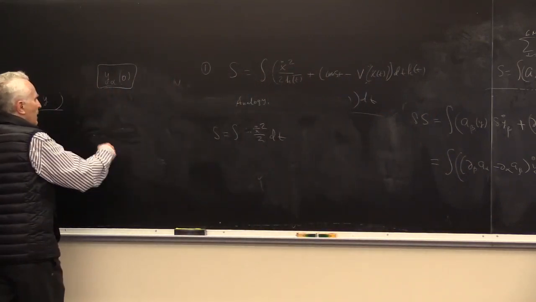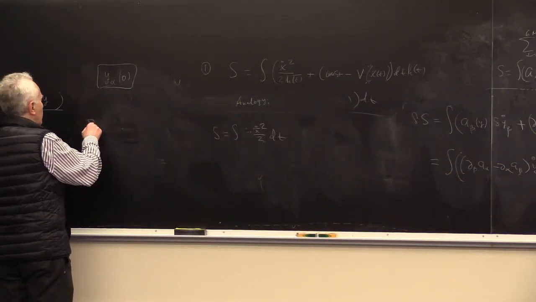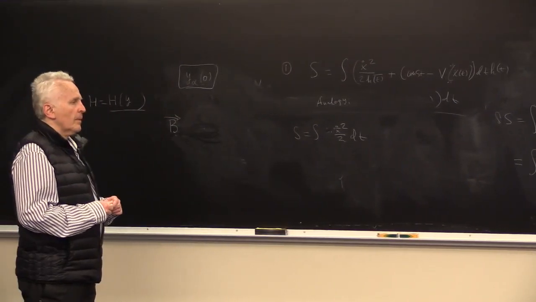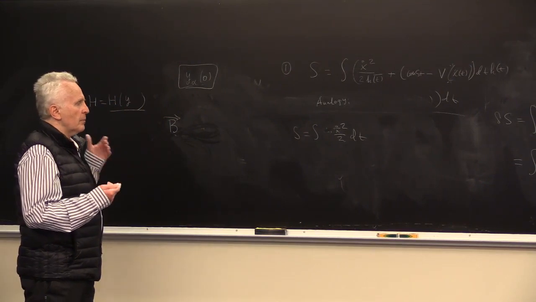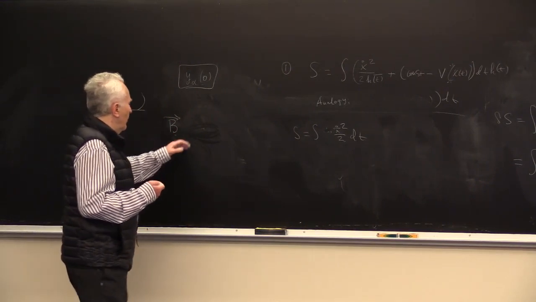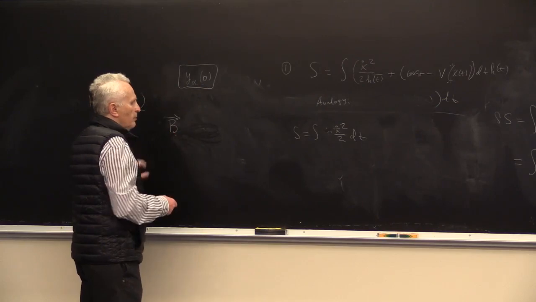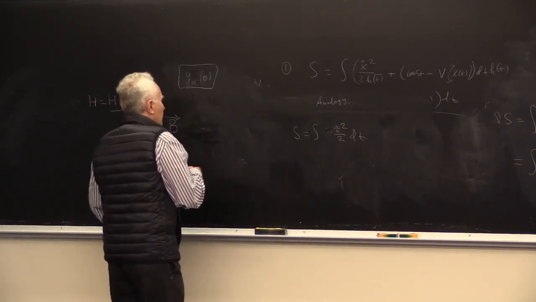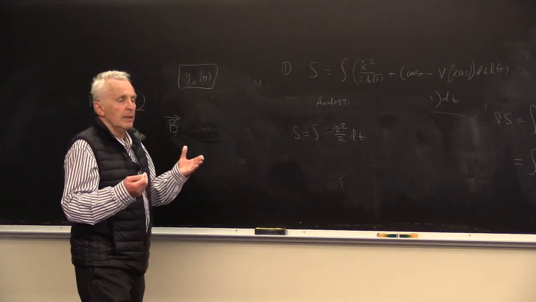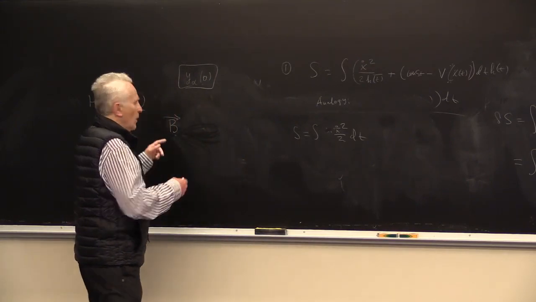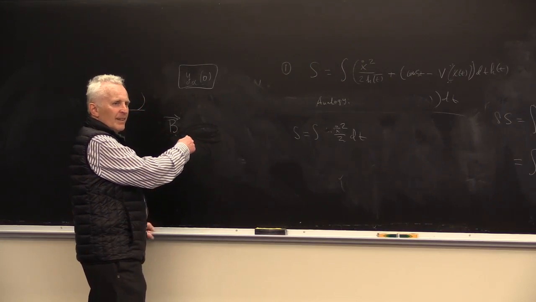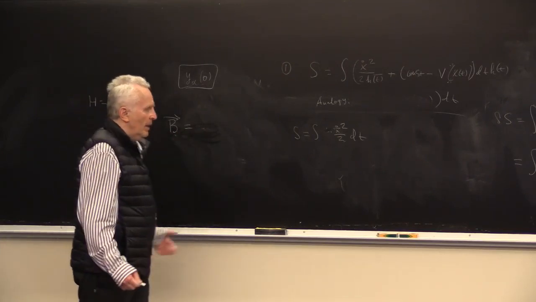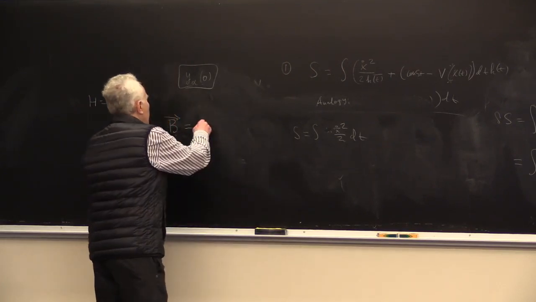So you have a system with magnetic field B. Since the divergence of B is 0, it is expressed in terms of a vector potential. What is the expression? Help me out here. It's a curl of A.